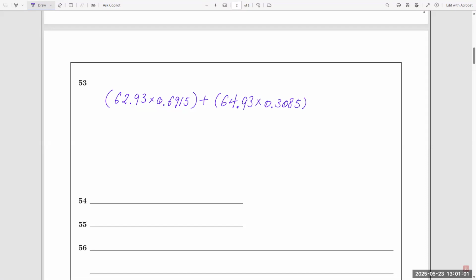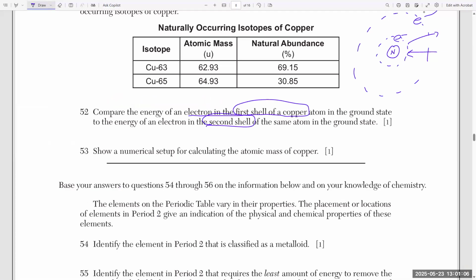And like I said, they're asking you for the numerical setup. They're not asking for the answer. So that's the correct answer.